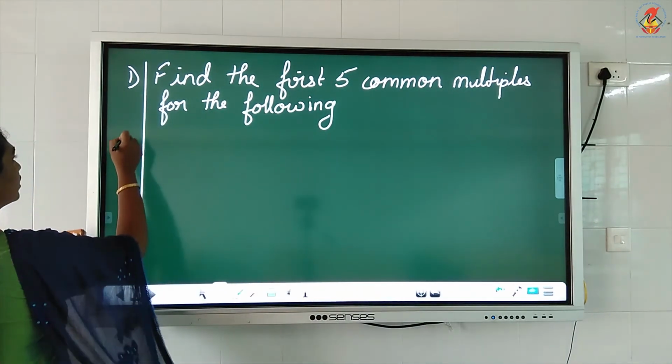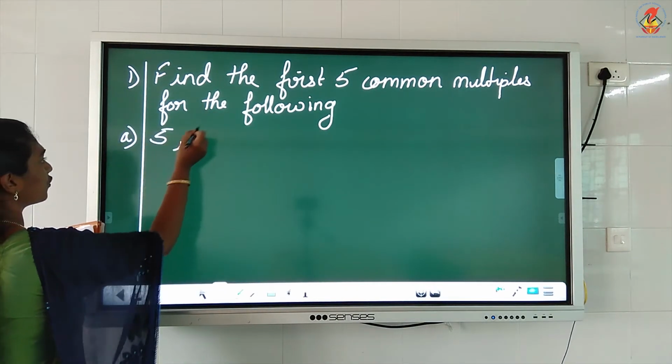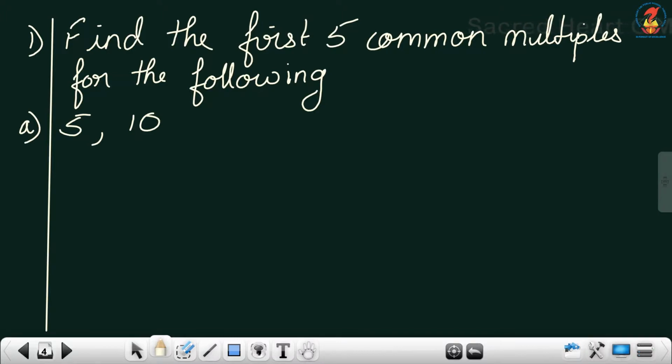First question in that, 5, 10. Very easy to write the multiples of 5 and 10, isn't it?